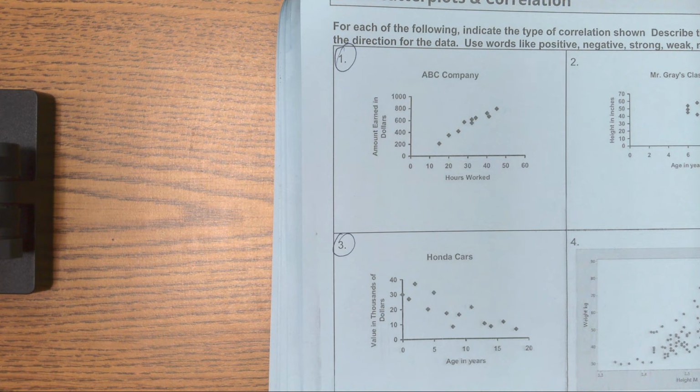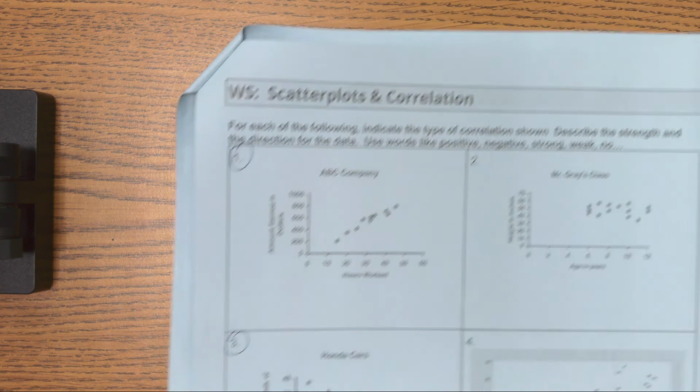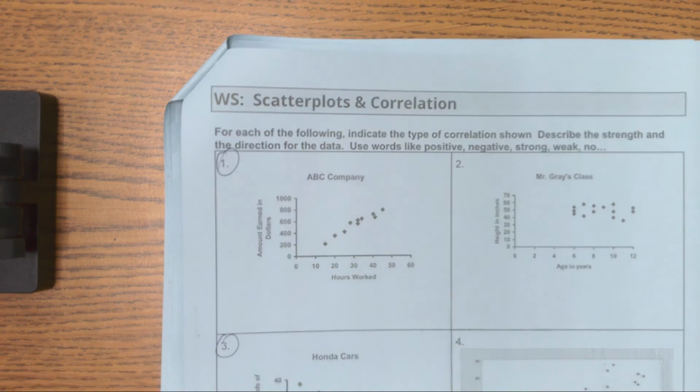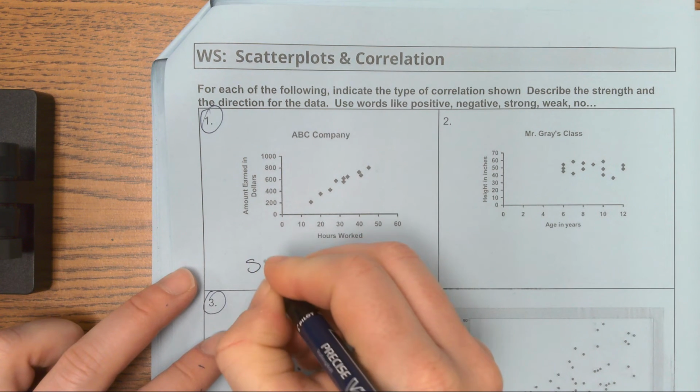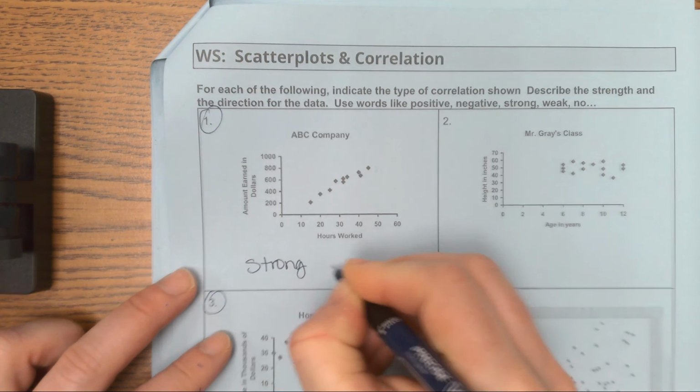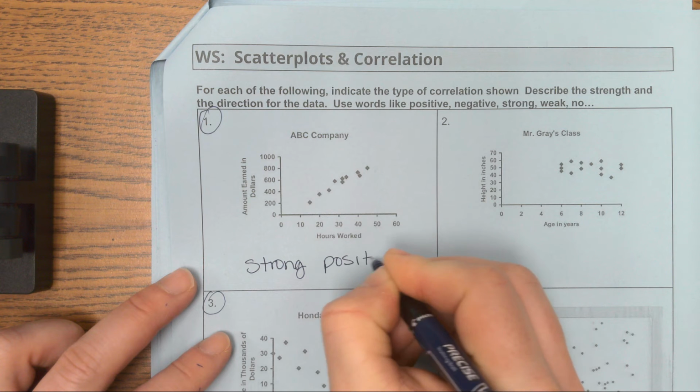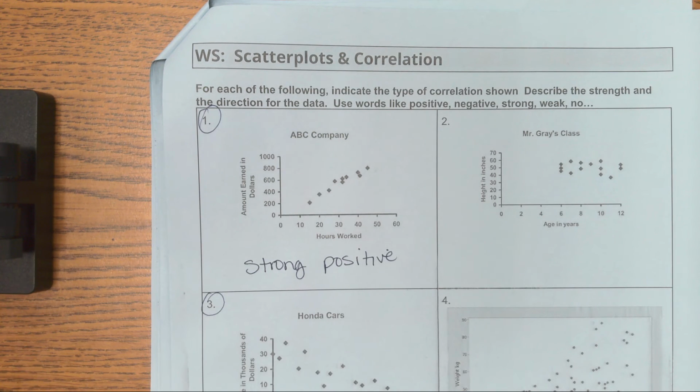Alrighty. Frank, what did you guys put for number 1? Strong, positive. I don't think there's any room for discussion on that one. Some of them, you can't tell between moderate and weak sometimes, and then I would accept either.